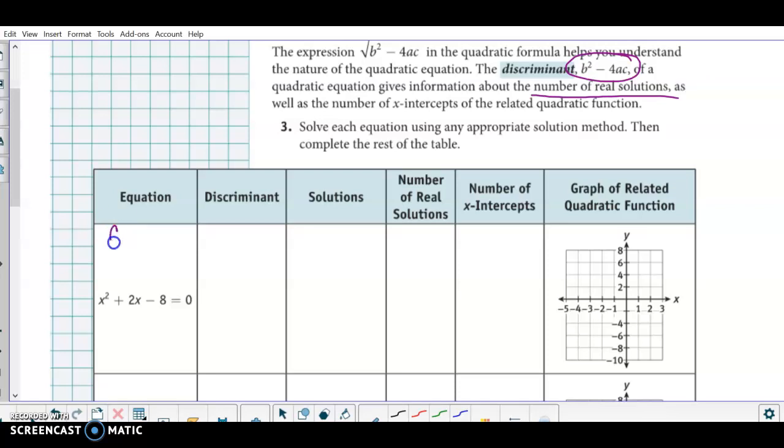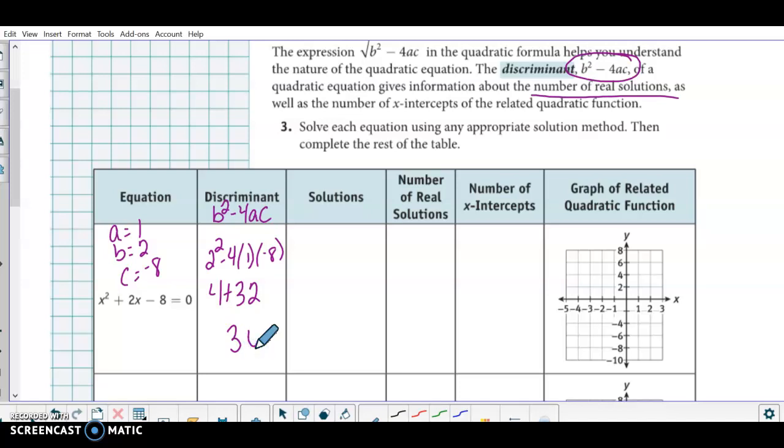So remember, we still have a is 1 on this example, b is 2, and c is -8. And we're going to simply plug that into b squared minus 4ac. So I'm going to say 2 squared minus 4 times 1 times -8. So I would get 4 plus 32 is 36.